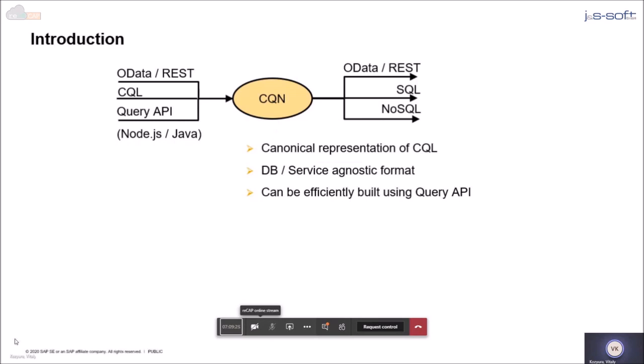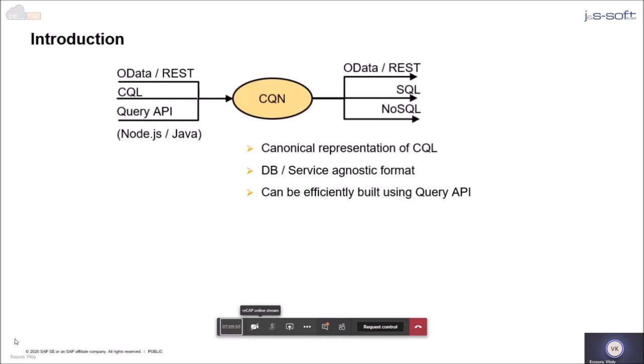The request is translated into this internal representation, and then you can do something with it. For example, you can translate it back to an OData or REST request and resend it to another internal or external service. You can also extract some part of it and resend it to an external or internal service.